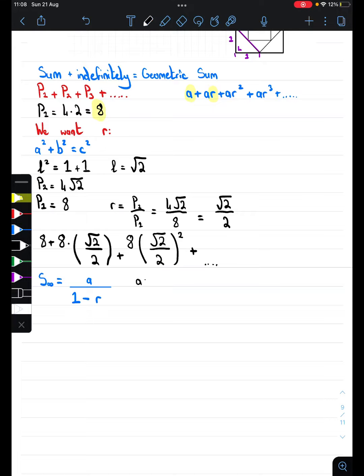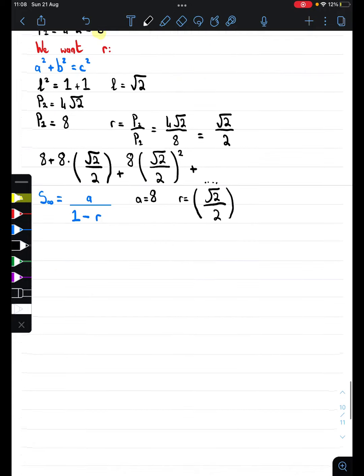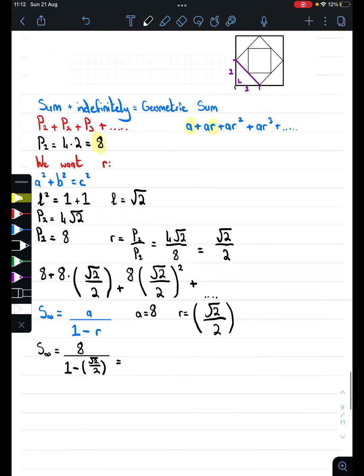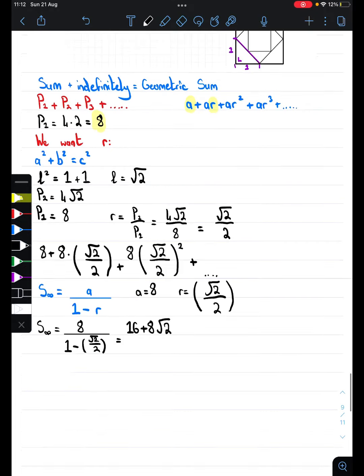So if we fill that in, in our case, a equals 8, r equals square root 2 over 2, then we get the infinite sum of these terms is 8 over 1 minus the square root 2 over 2, which is 16 plus 8 root 2.